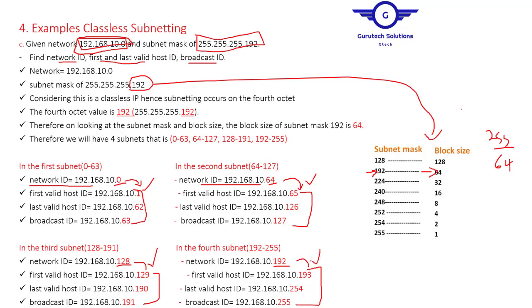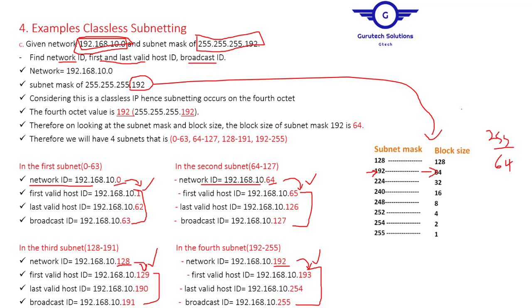That's how to calculate the first valid host ID. You add 1 to the network ID.